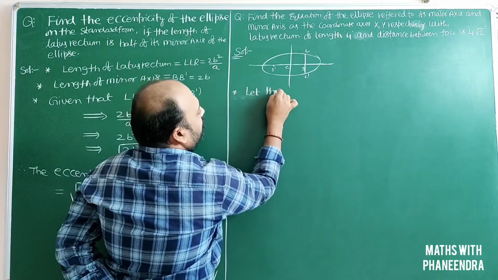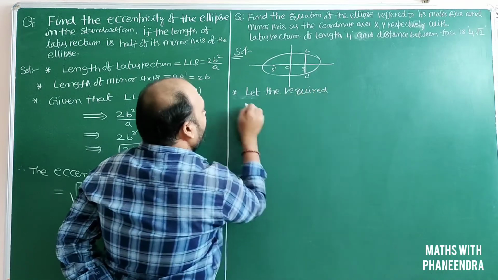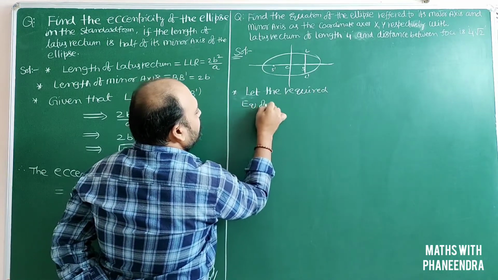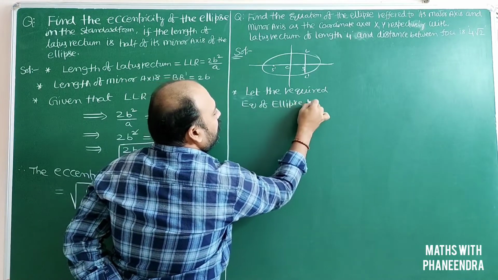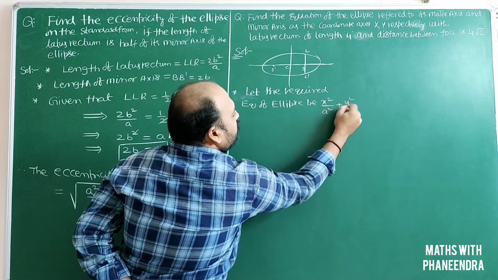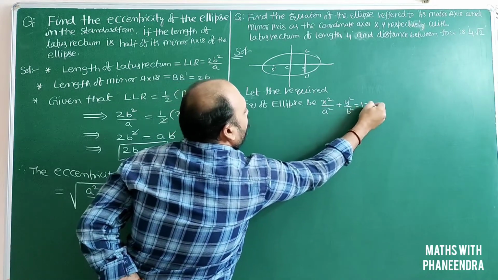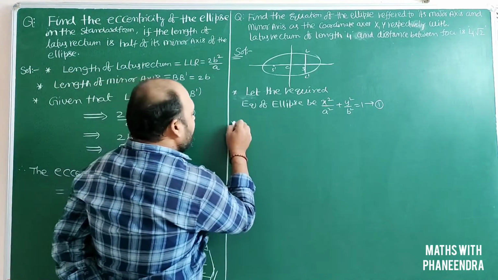Let the required equation of ellipse be x square by a square plus y square by b square equal to 1. Put it as equation number 1, standard equation. And write the conditions.